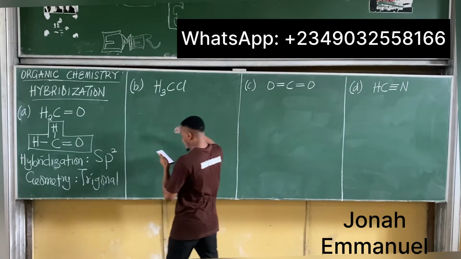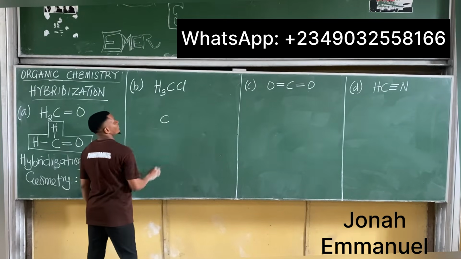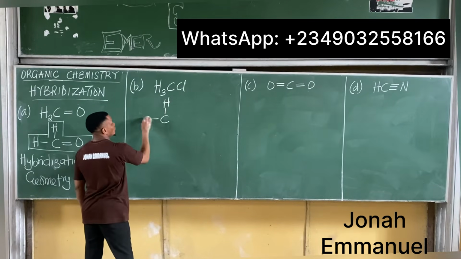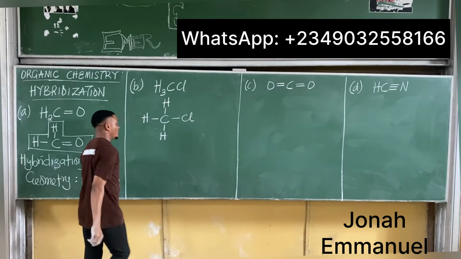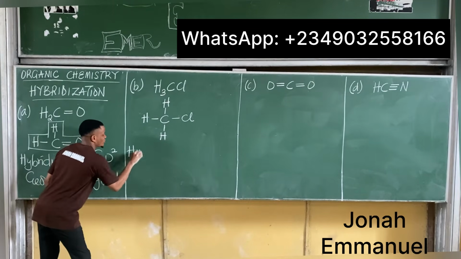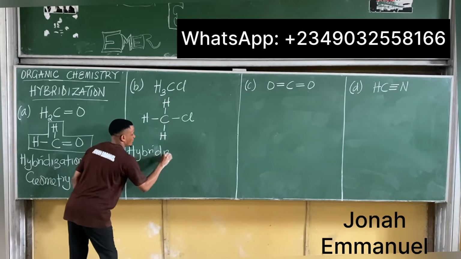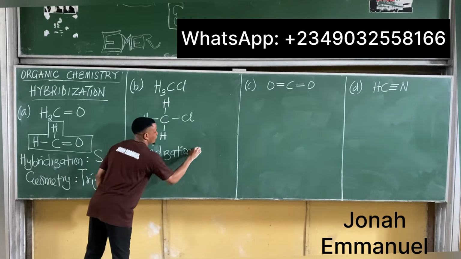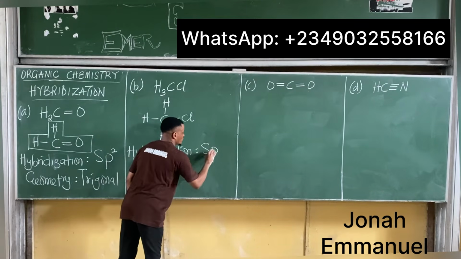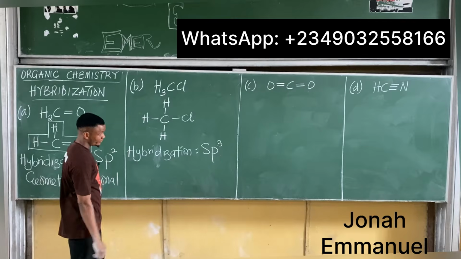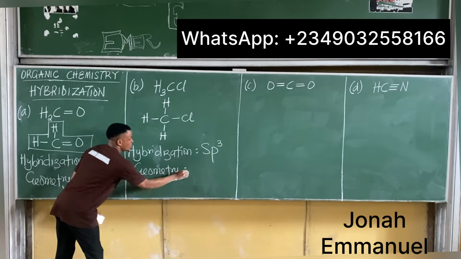Let's get this one done. So first things first, draw the structure: C, 3 hydrogens, 1, 2, 3, and then chlorine, Cl. Let's get the hybridization. For hybridization, this is what you have here: sp cubed. Please, not Me3, sp cubed. What's the geometry?